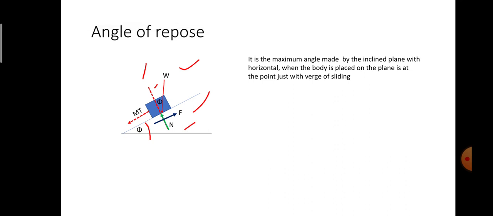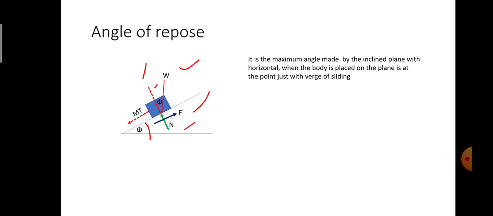Therefore angle of repose is nothing but the maximum angle made by the inclined plane with the horizontal when the body placed on the plane is at the point just on the verge of sliding. When the body is placed on the inclined surface, it is the angle at which the body starts to slide along the inclined surface.